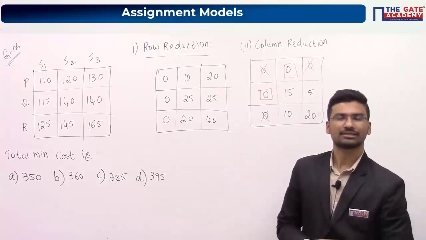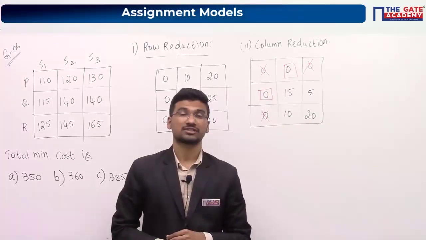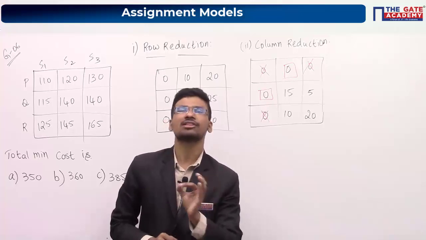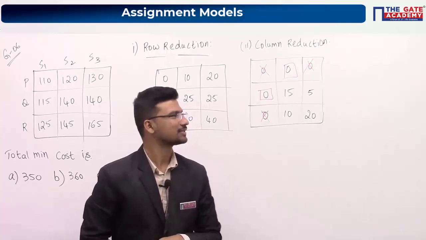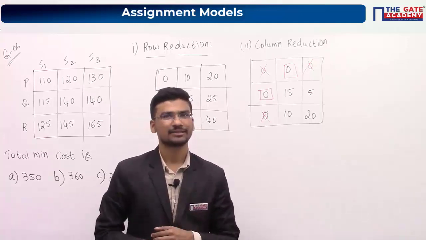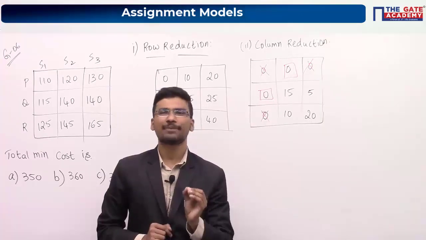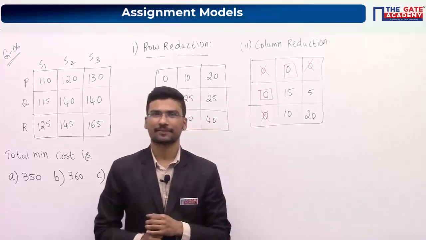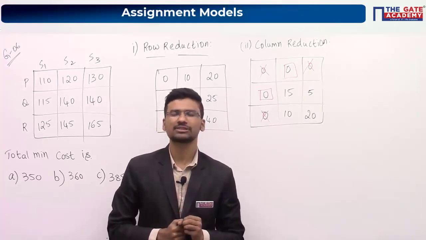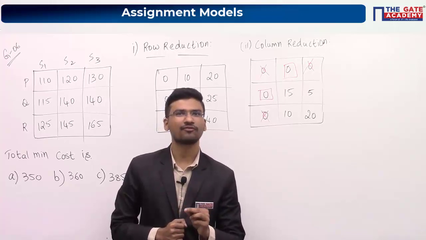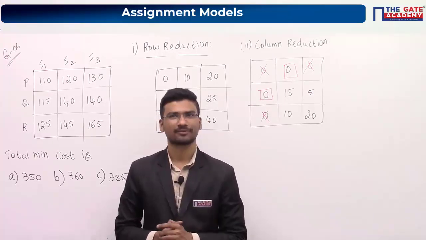Step number one: cover all the zeros with minimum number of straight lines. Full stop.